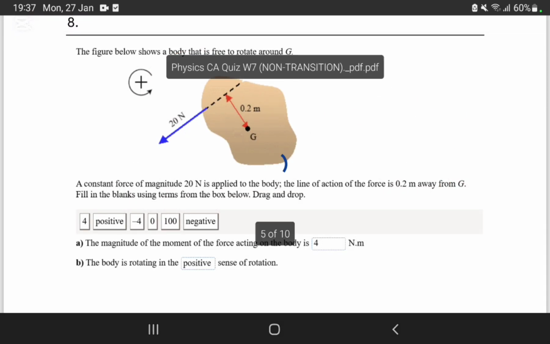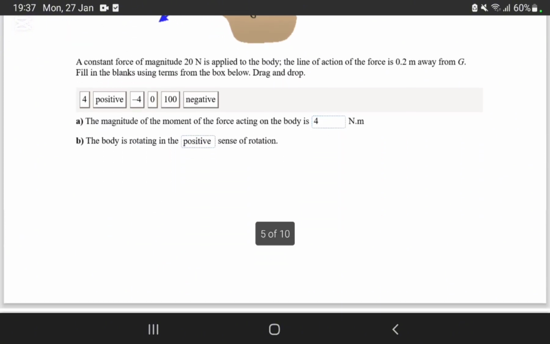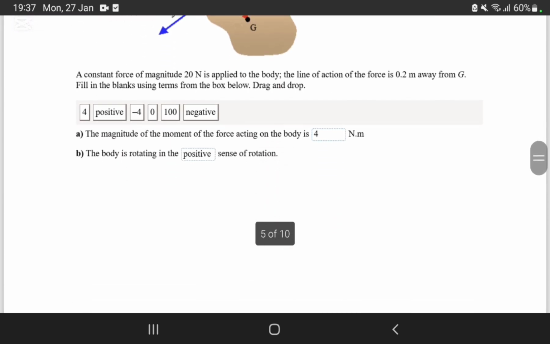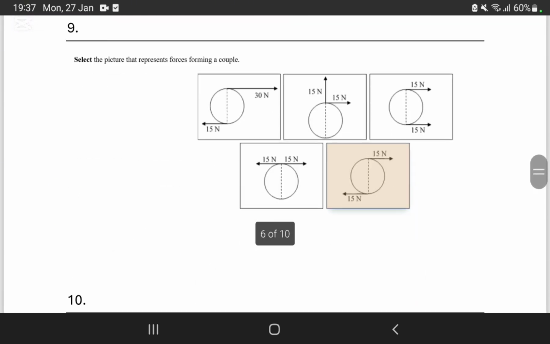Since it's counterclockwise, it's positive, and the body is rotating in the positive sense of rotation, meaning that the moment is positive.